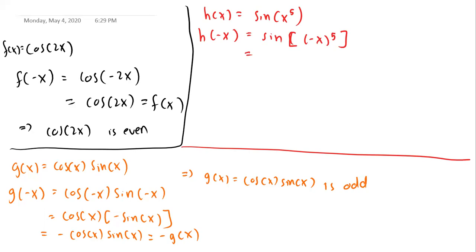So how many negatives do we have? 4 of them cancel out, and we have 1 left over. So it becomes sine of negative x to the fifth. Again, sine is odd, meaning that the negative inside moves to the outside. So here we get negative sine of x to the fifth, and this is the negative of the original function. So it's negative h of x. So this function is odd.